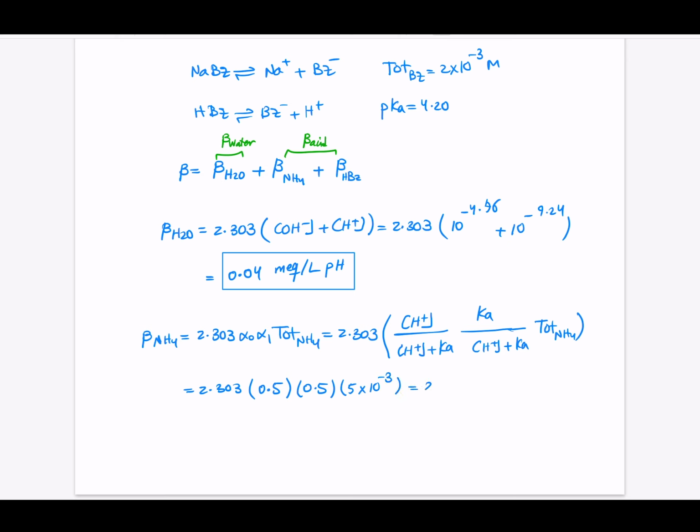This would be 2.88 milliequivalent per liter per unit of pH. So that's the contribution of ammonia at this pH and concentration to the overall buffer intensity.